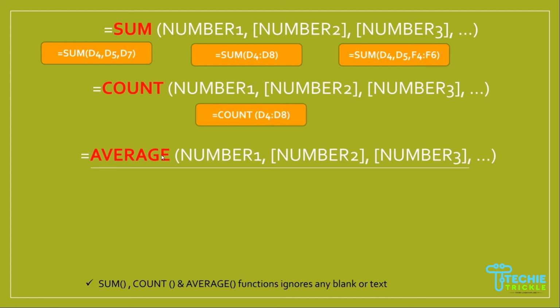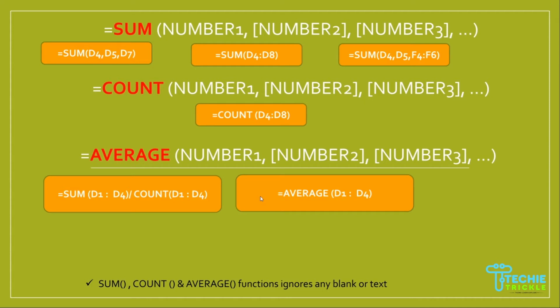The next function that we have here, the average, is again sum divided by the count. Okay, but that's the very elementary way of doing it, and there is a much smarter way of doing it. Excel gives us the average function, wherein you just provide the range and you will be able to get the average.